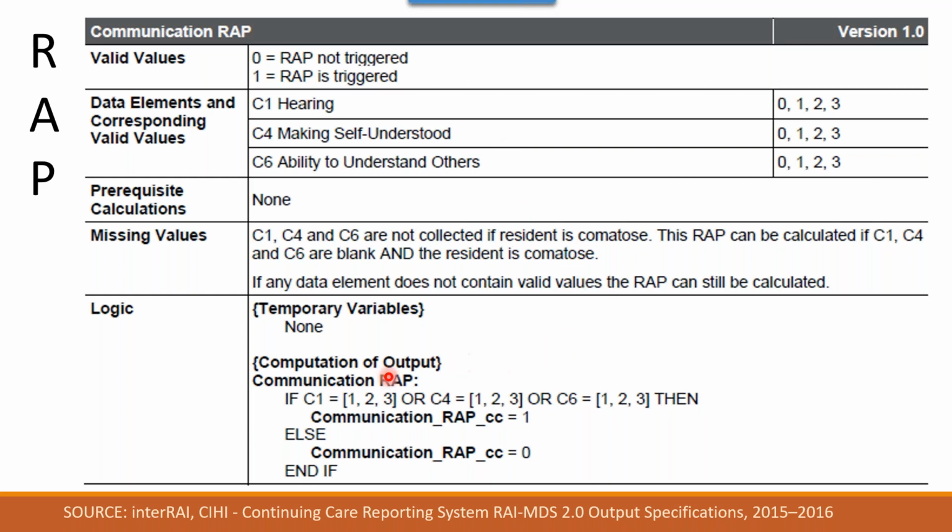However, you can see that if hearing is anything but independent, or making self-understood is any score but independent, which would be 0, or C6, ability to understand, is any score but independent, then you've triggered the RAP. Else, the RAP is not triggered and no care plan decision is required.